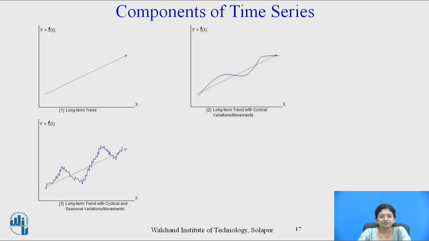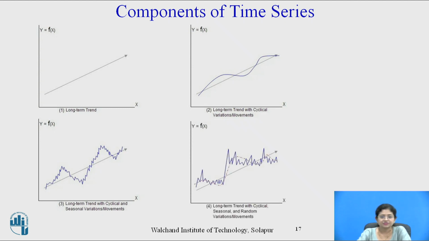Now in the third figure it shows the long term as well as cyclical as well as seasonal. Then in the next figure it shows all four components of time series. That is, it shows the long term by using this arrow, then there is a cyclical, then there is a seasonal, and also there is an irregular pattern.